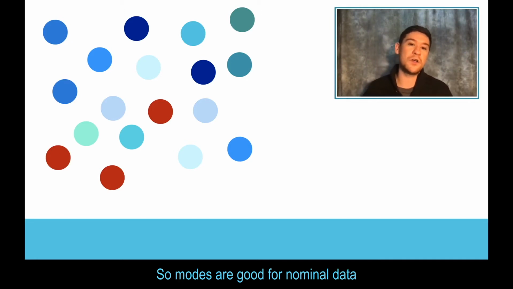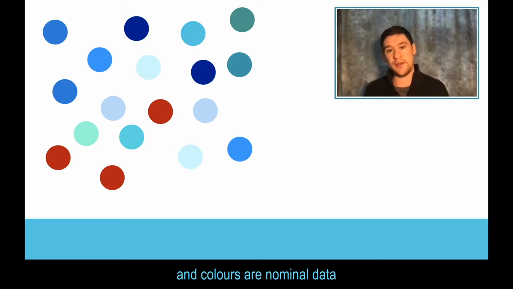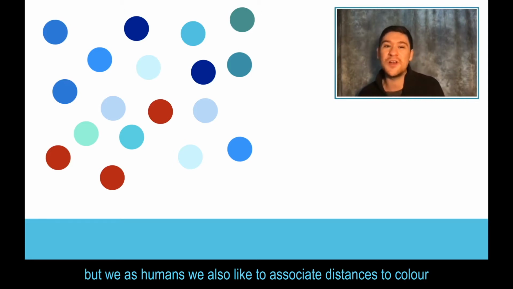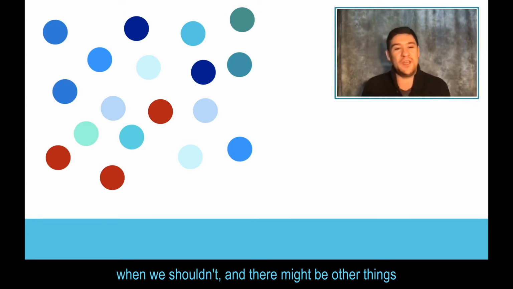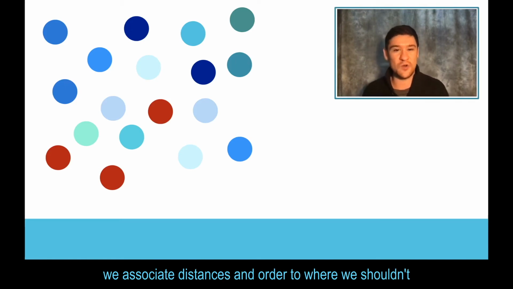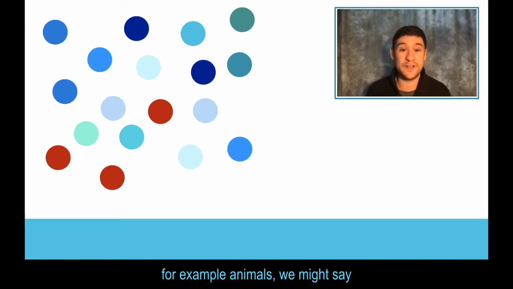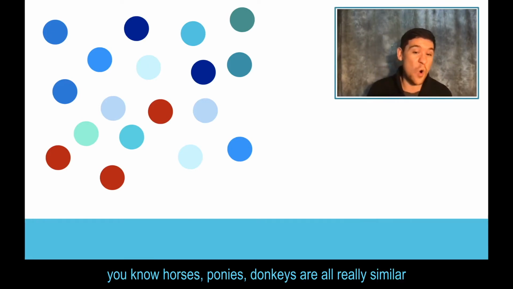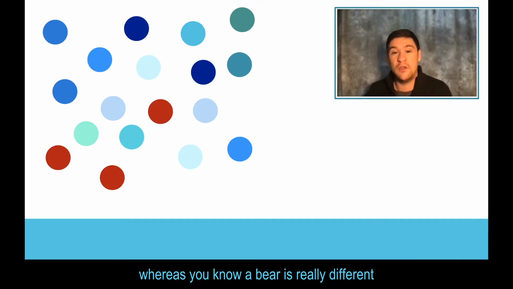So modes are good for nominal data and colours are nominal data. But we as humans also like to associate distances to colours when we shouldn't. And there might be other things we associate distances and order to where we shouldn't. For example, animals, we might say horses, ponies, donkeys are all really similar, whereas a bear is really different.